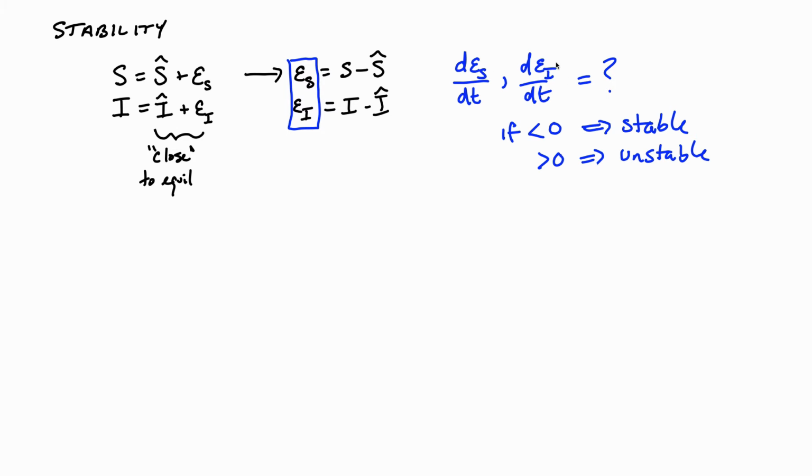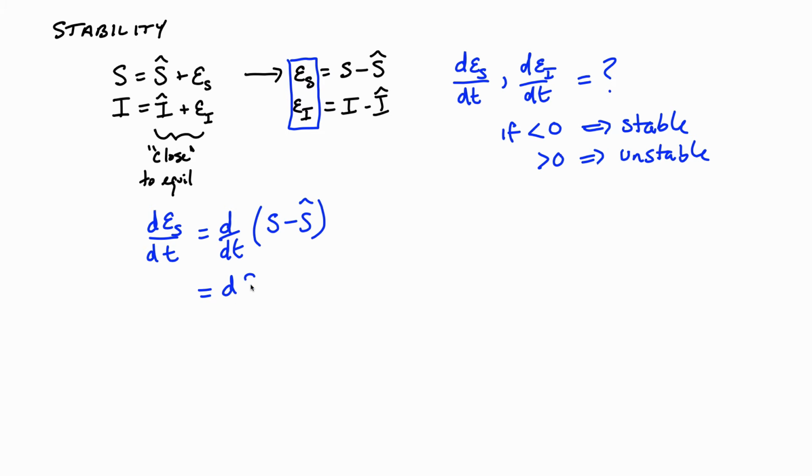So how do we get expressions for these derivatives? Well, if you think about it, the change in epsilon s is going to be the derivative of this thing, s minus s hat, at the equilibrium point. Well, the change in the equilibrium point at the equilibrium point is 0.